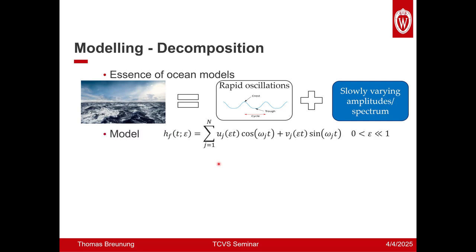And this inspires the following model. Here, we use cosines, or harmonic functions, to model these rapid oscillations. And then we have some amplitudes, which depend on time but are slowly varying. So these are the slowly varying amplitudes of the spectrum.